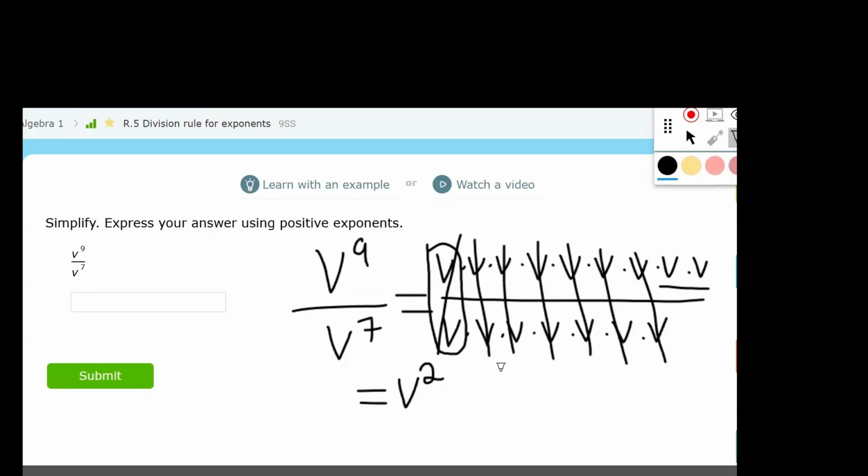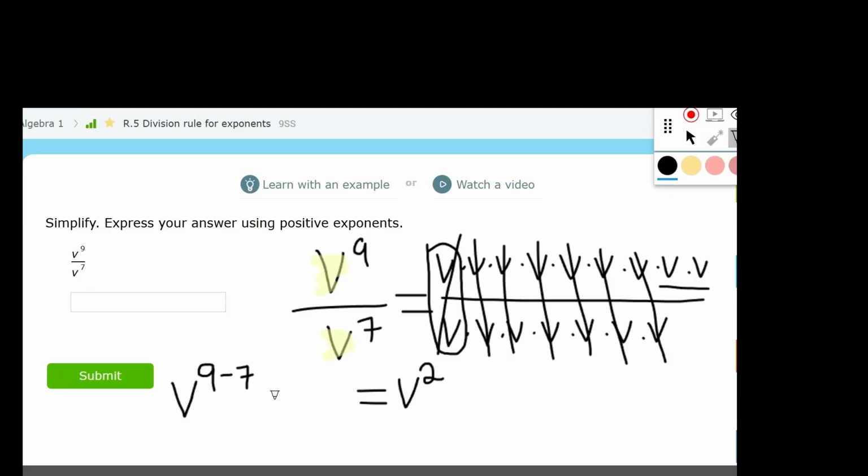Now, some of you may have noticed this, but this is not a coincidence, there's a shortcut to this kind of thing that we're doing. Whenever we're dividing exponents with the same base, in this case our base is v, and our exponents are 9 and 7, we can just keep our base, so v, and then take the exponent up in the numerator and subtract it from the exponent in our denominator.